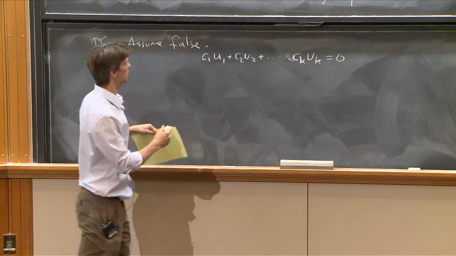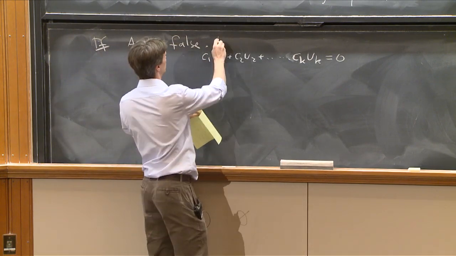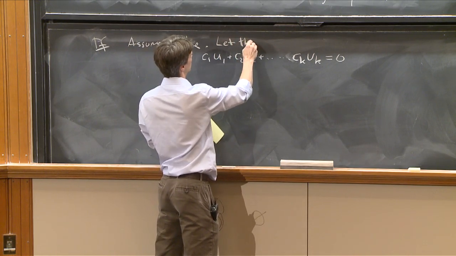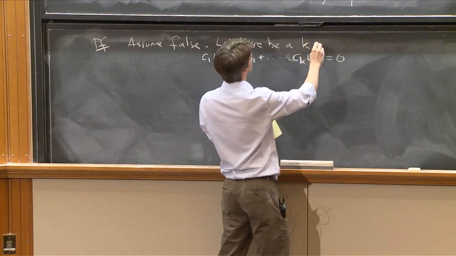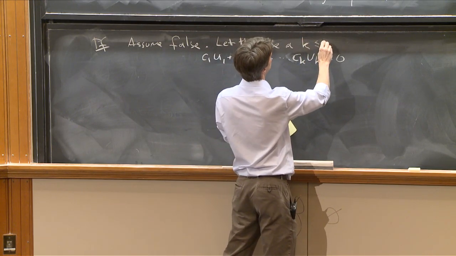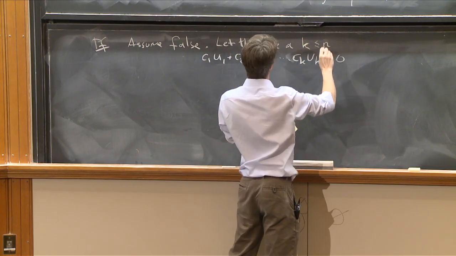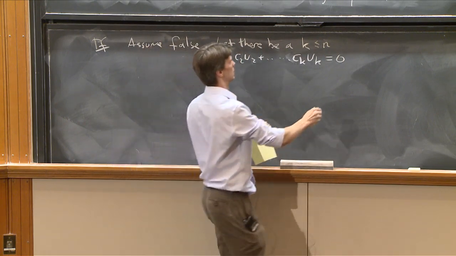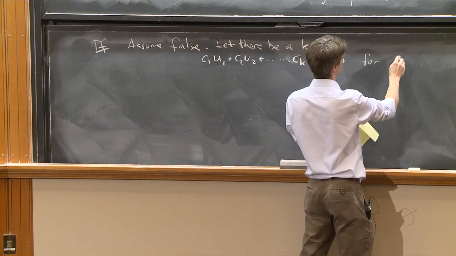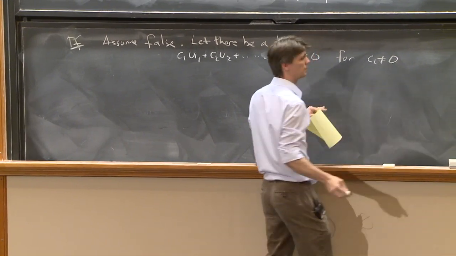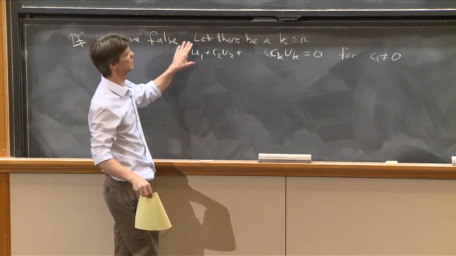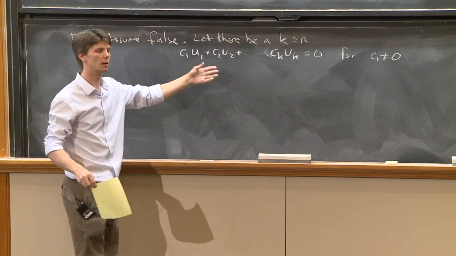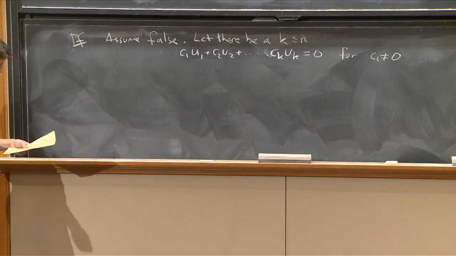without all the C's being 0. And what we'll do is we'll let there be a value of K that's less than or equal to N, such that this holds for Ci not equal to 0. So we're postulating that there is some linear dependence of some of these things.